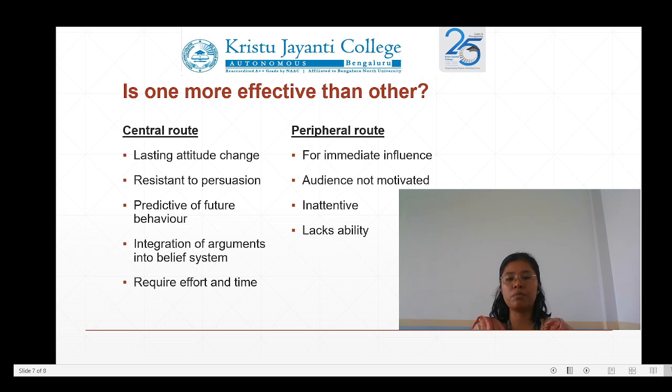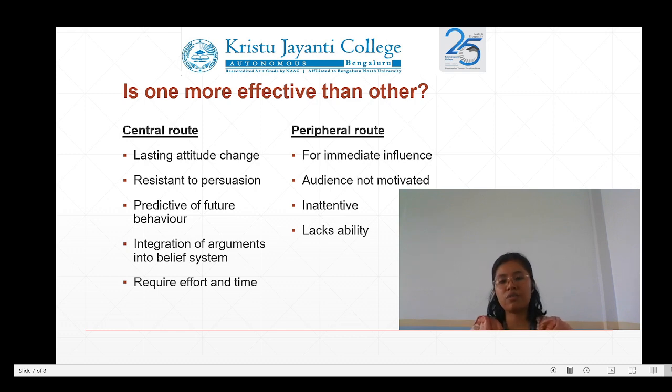Also, once you're persuaded and your attitude is changed, that change in attitude becomes further resistant to any persuasion. And this change in attitude also governs your future behavior. It is more predictive when your attitude is changed through the central route, processing the information through the central route.